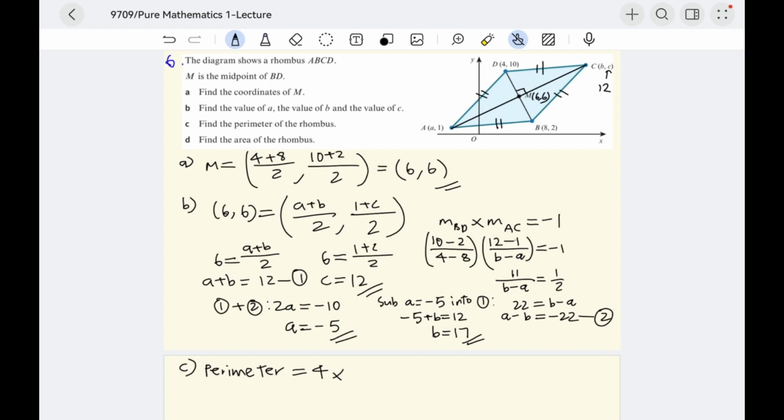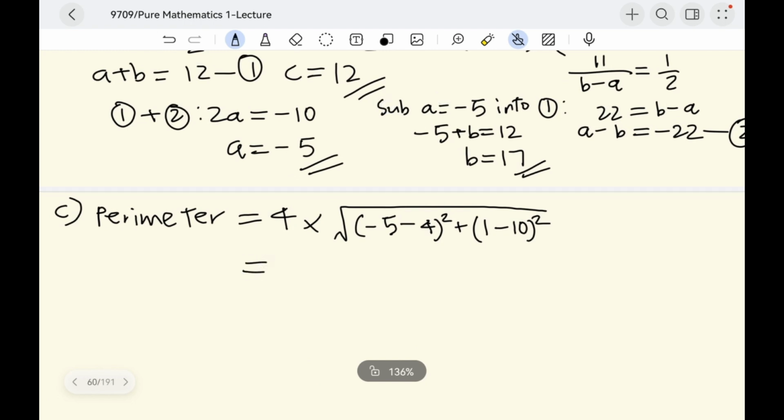So for me, I will calculate the distance of AD, let's say. So now my A is negative 5, 1. So I can write negative 5 minus 4 squared plus 1 minus 10 squared. Okay? Press your calculator.